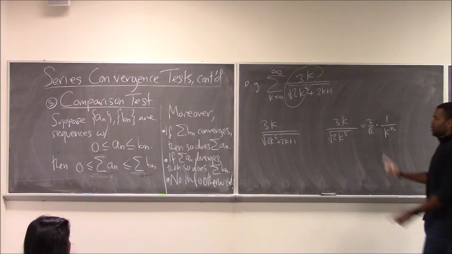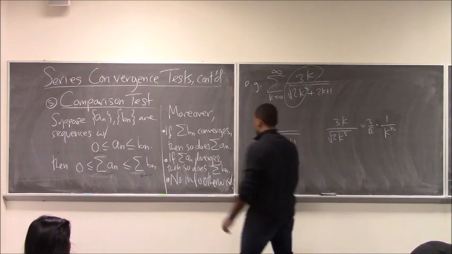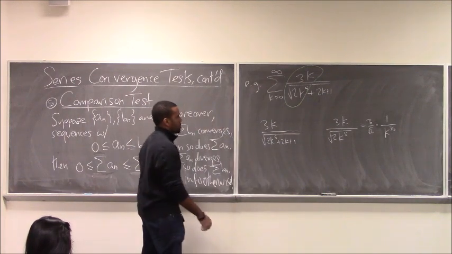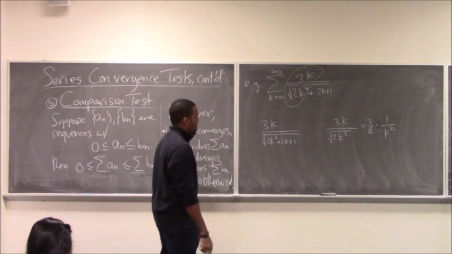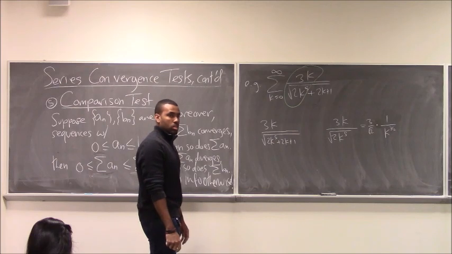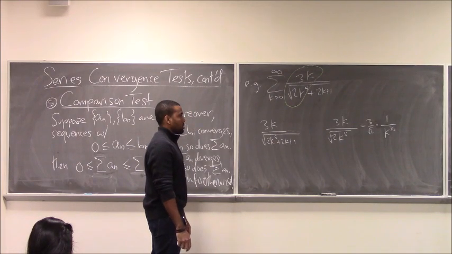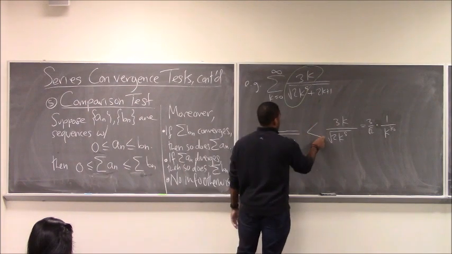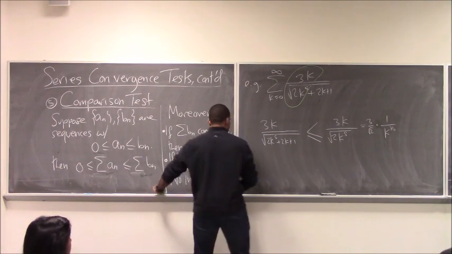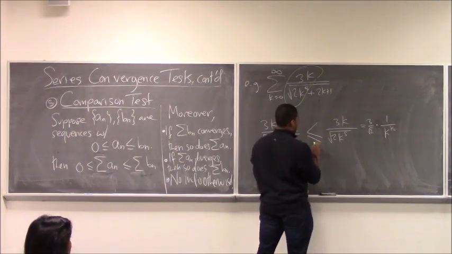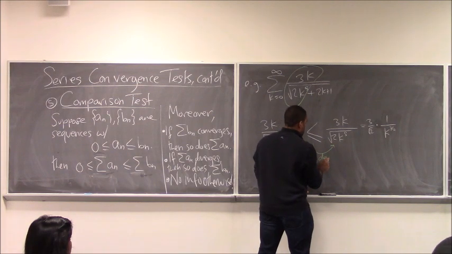Next question, how do these two things compare? Can I tell who's larger, who's smaller? The one on the right is bigger, how do you know? This guy is larger because the denominator here is smaller.